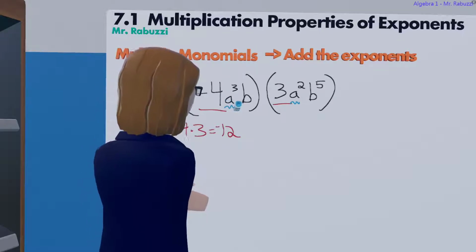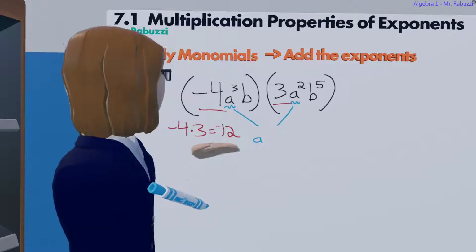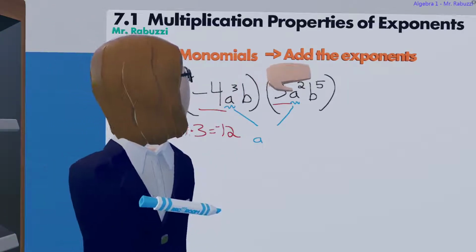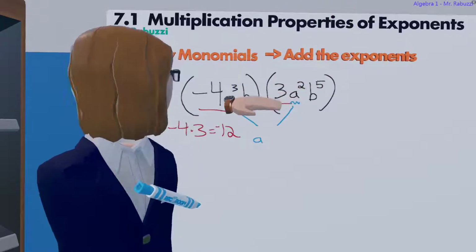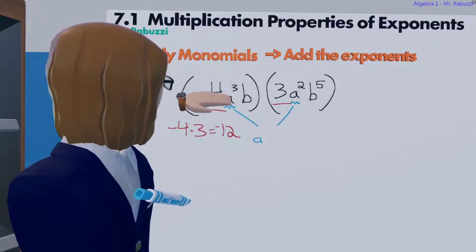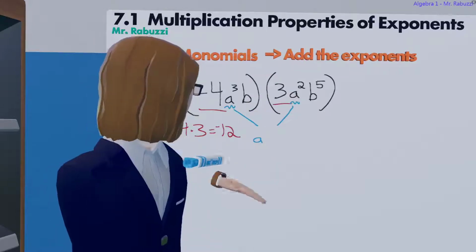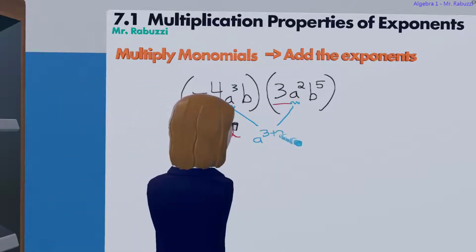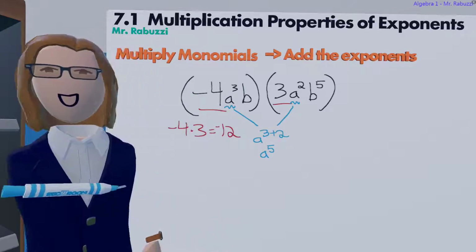So we're going to get a, but when I multiply the bases, here's the secret. Add the exponents. So instead of doing multiplication, I need to do 3 plus 2. So it's going to be 3 plus 2, which is a to the 5th. Okay, that's our first base finished.